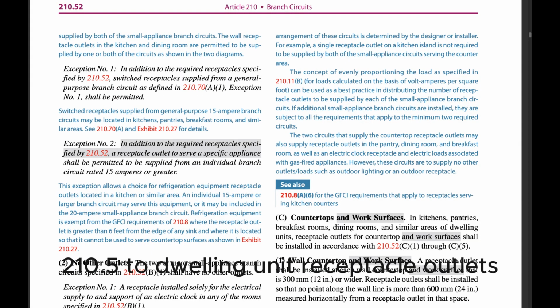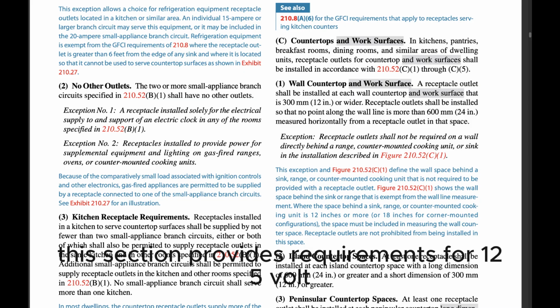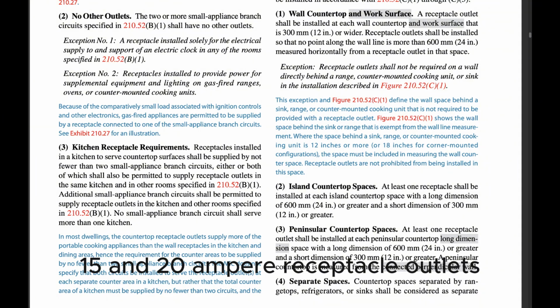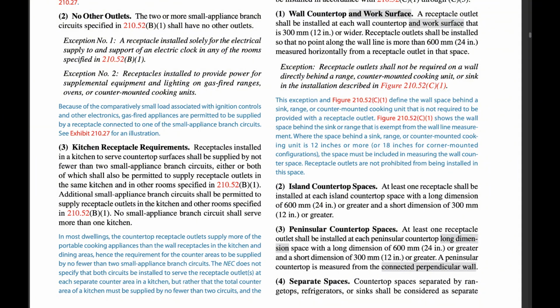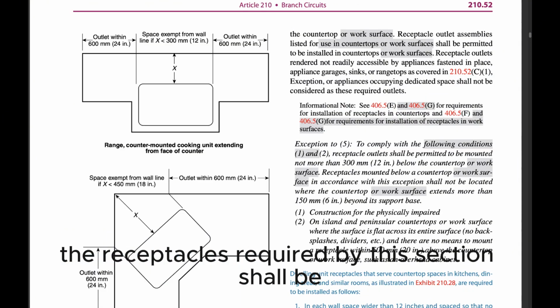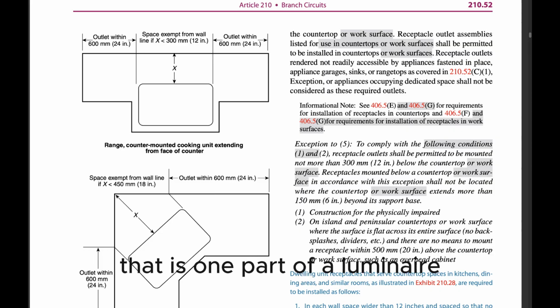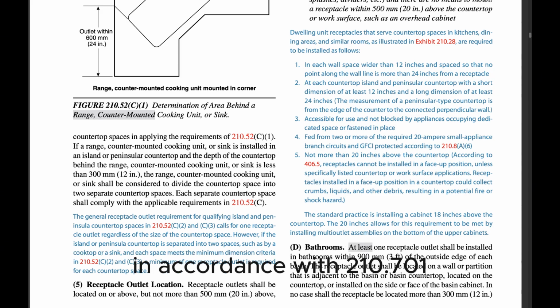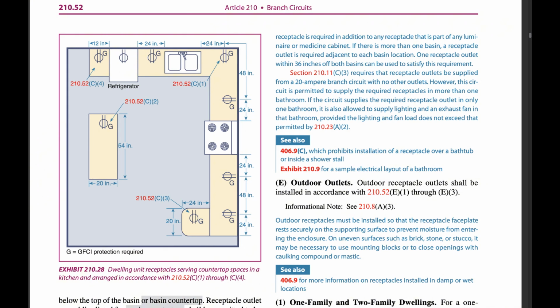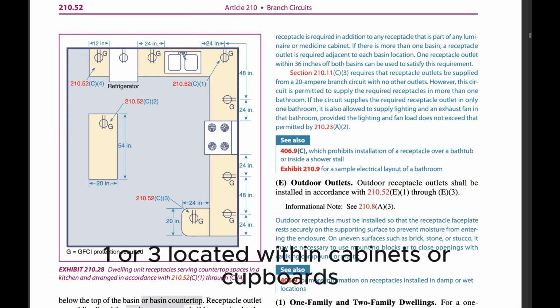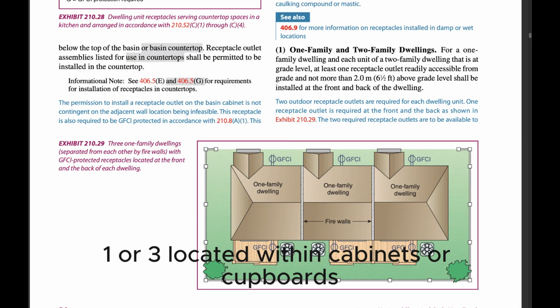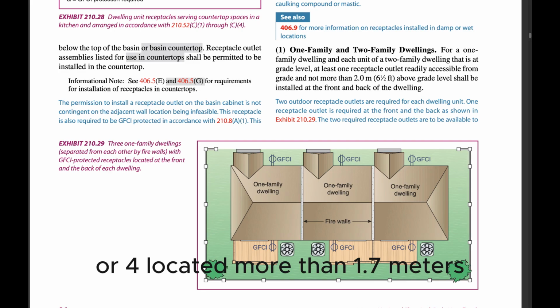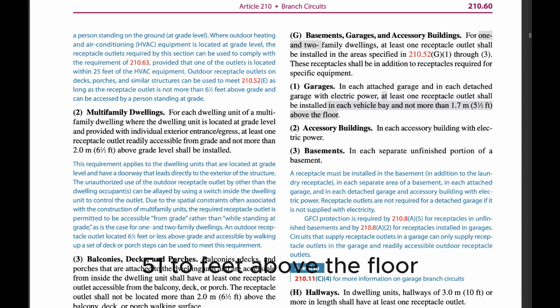210.52 Dwelling unit receptacle outlets. This section provides requirements for 125 volt, 15 and 20 ampere receptacle outlets. The receptacles required by this section shall be in addition to any receptacle that is part of a luminaire or appliance, or controlled by a wall switch in accordance with 210.70(A)(1), Exception No. 1, or located within cabinets or cupboards, or located more than 1.7 meters (5 1/2 feet) above the floor.